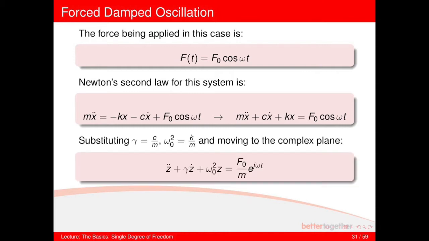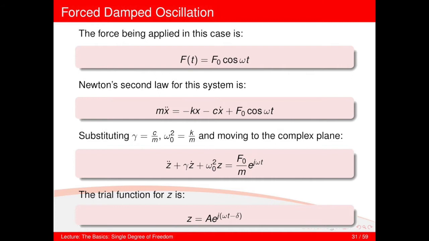So we can make our substitutions, c upon m and k upon m, so we end up with this, and we're moving to the complex plane again. So replacing x with z, a complex number. And because we're using a complex number, we can try a trial function. We know that the system's going to oscillate. Notice I've changed the cosine omega t to e^(j omega t), because we know that that's an oscillation.